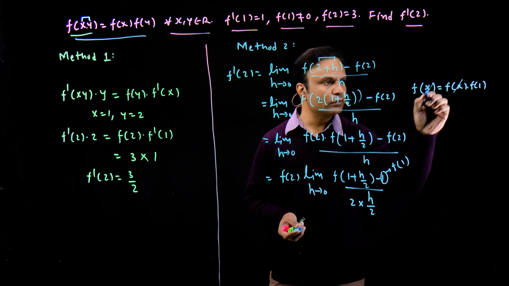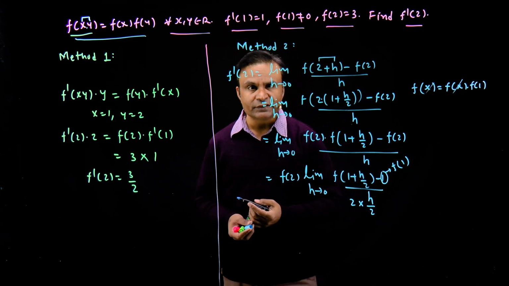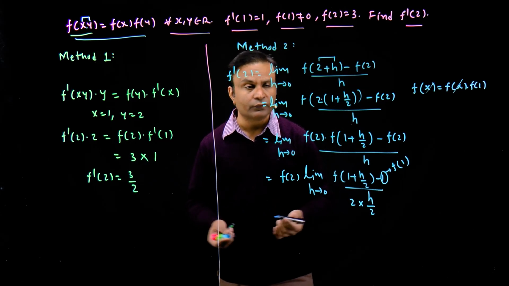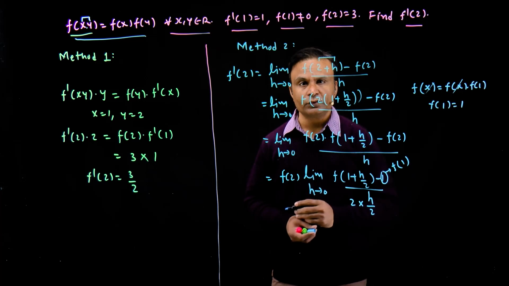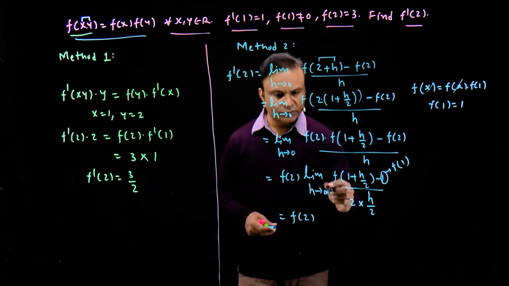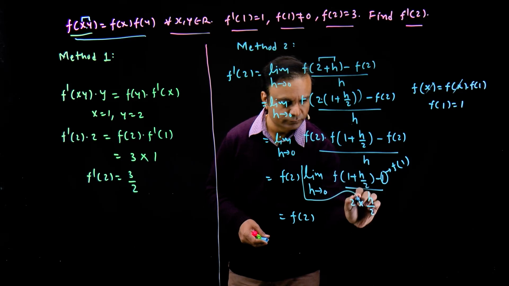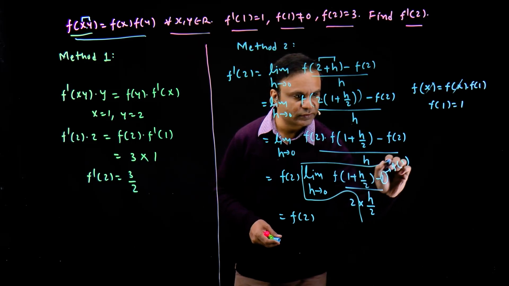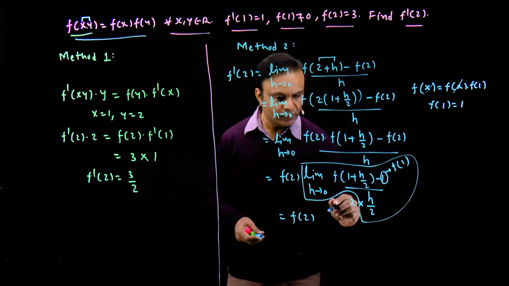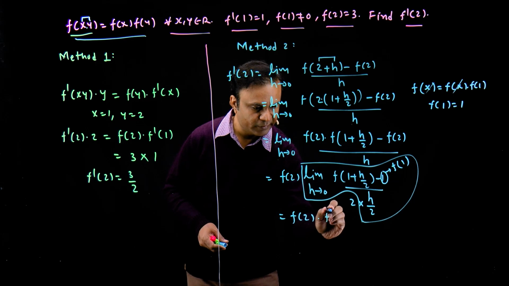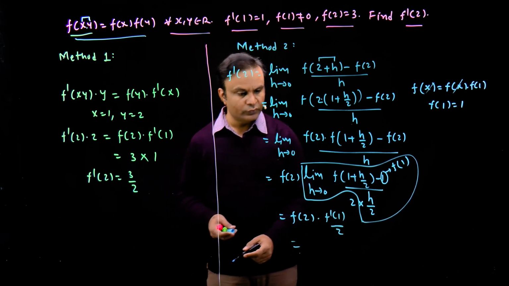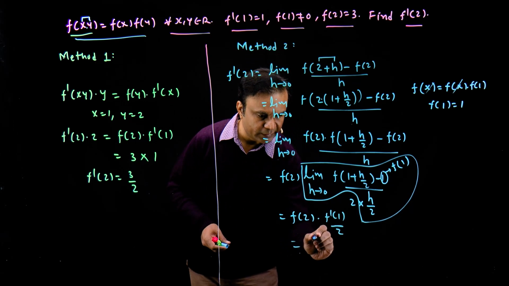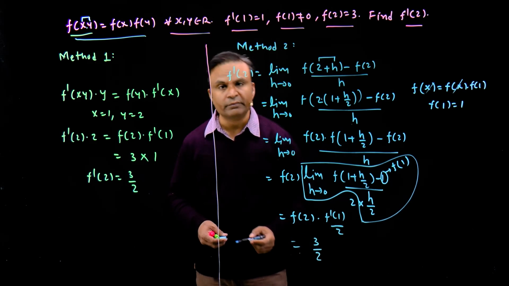I can cancel out f of x because f of x cannot be 0 for all x. So I have f of 1 is equal to 1. So now this is f dash 1. So I have here f of 2 multiplied by f dash 1 upon 2. Put the values of f of 2 and f dash 1. I get this equal to 3 by 2.